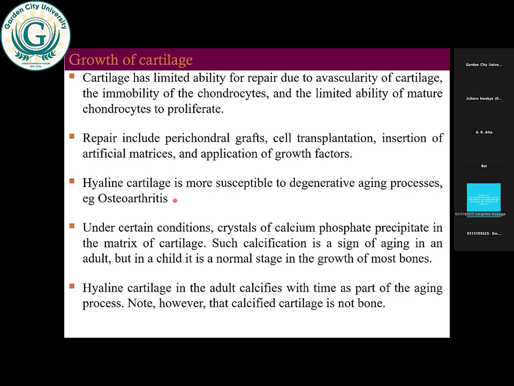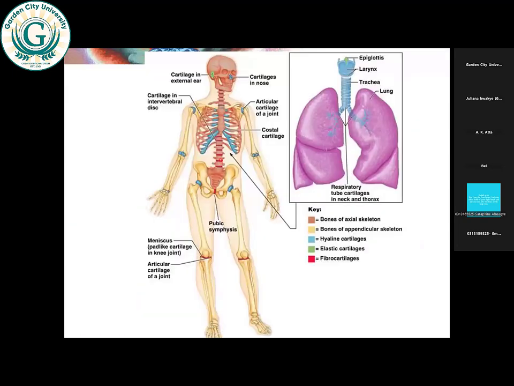Elastic cartilage do not. You realize that sometimes, over time, as a result of aging, you see some people, the xiphoid process can become a bone. When they calcify, it means there is deposition of minerals, and with time they can become bony. The elastic cartilage do not undergo that.